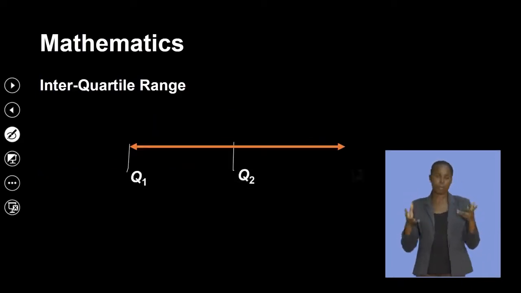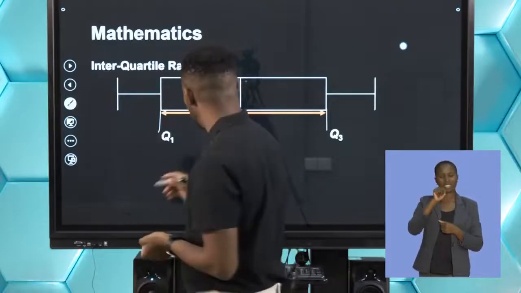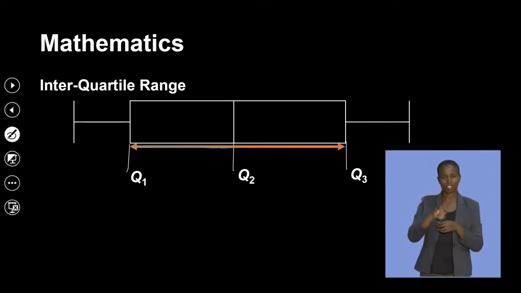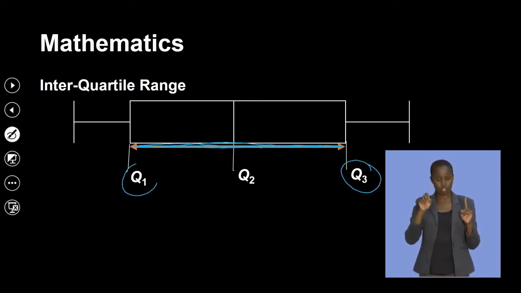If you look at your box and whisker plot again, your interquartile range will be from there to there. Are we all together? That's the difference between there and there, which is the interquartile range.